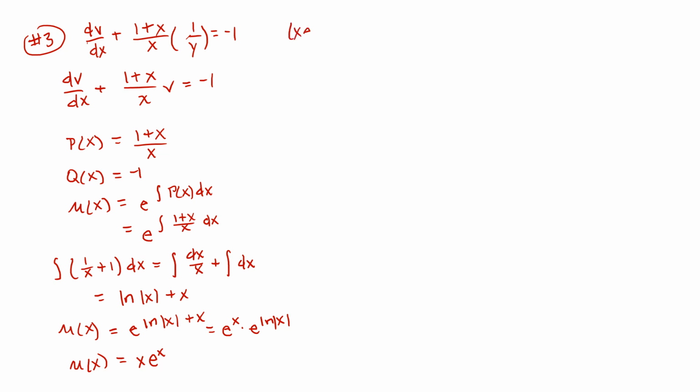So x times e to the x times dv dx plus x times e to the x times 1 plus x over x times v equals x times e to the x times -1. Okay.